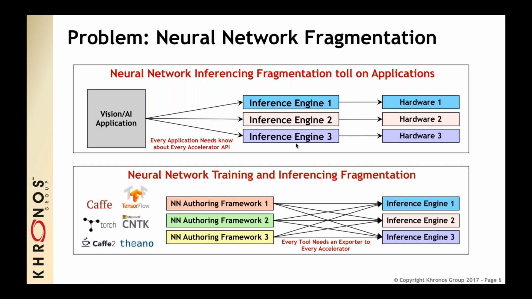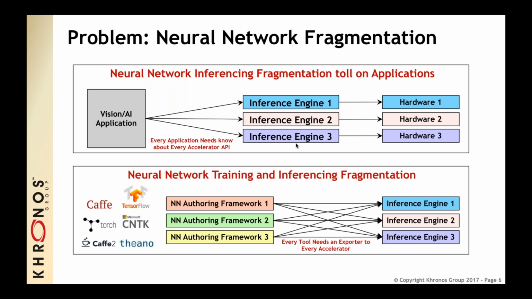It's the same thing, but I'm going to put it in a different perspective. Imagine you're an application developer and you want your application to run across multiple hardware. Each hardware vendor has provided their own inference engine that is very well fine-tuned for their hardware. Now, the application has to know every API of all the different inference engines, and also has to figure out what the underlying programming paradigm is, so that it can map its calls according to that particular API.